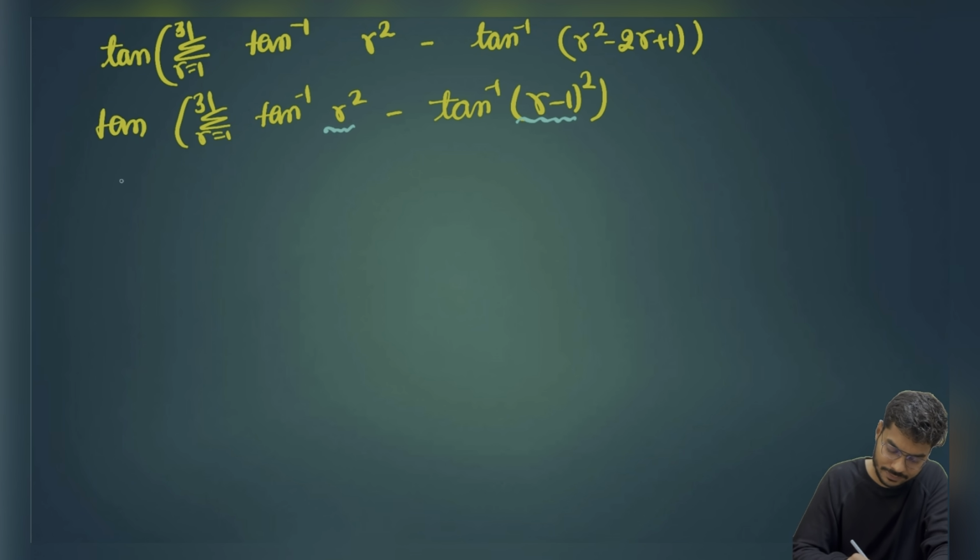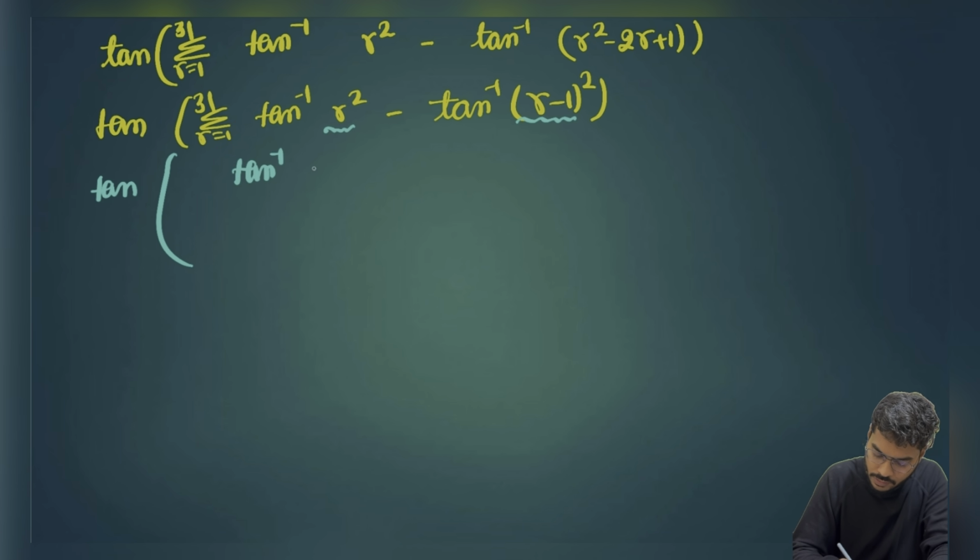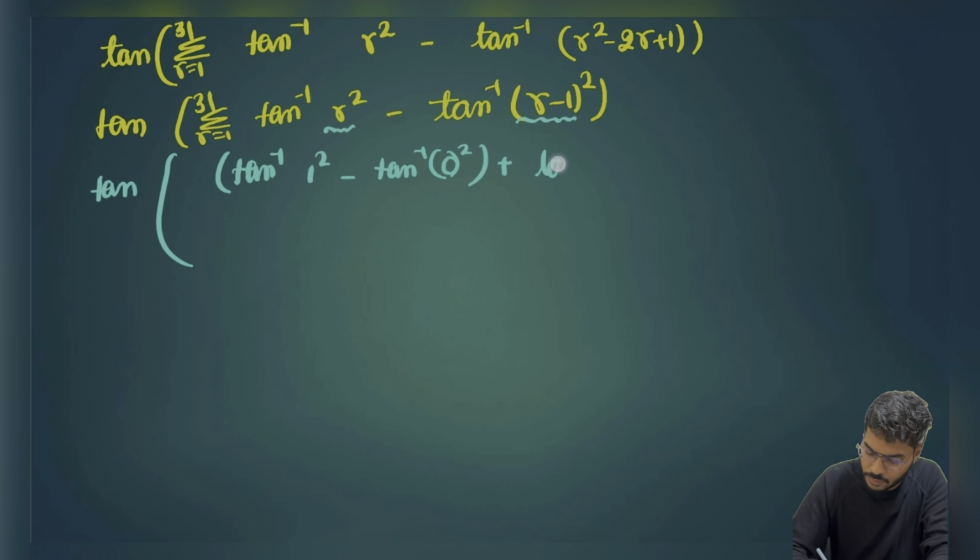Put r as 1. If I put r as 1, what is the answer I will get? Tan inverse 1 square minus tan inverse 0 square, plus. Again, put r as 2: tan inverse 2 square minus tan inverse 1 square.